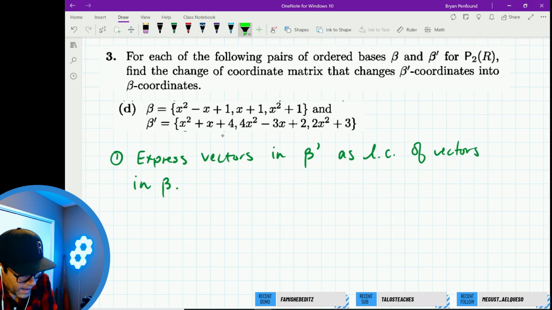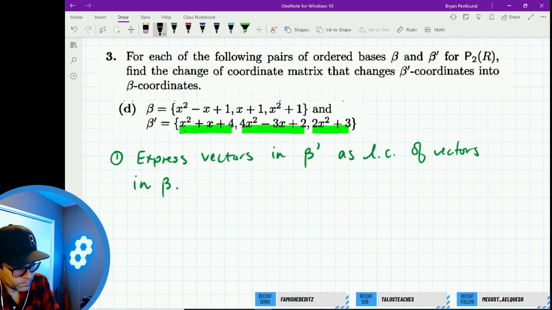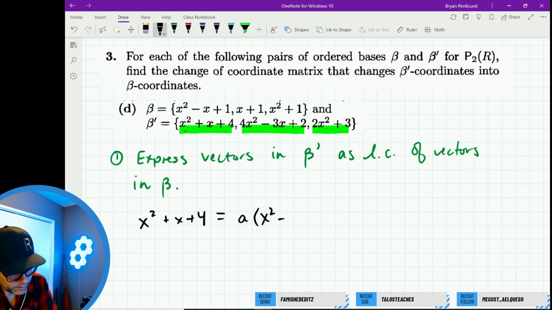So it looks like we have 3, right? So 1, 2, 3. I need to get x squared plus x plus 4 as some kind of combination of the following.